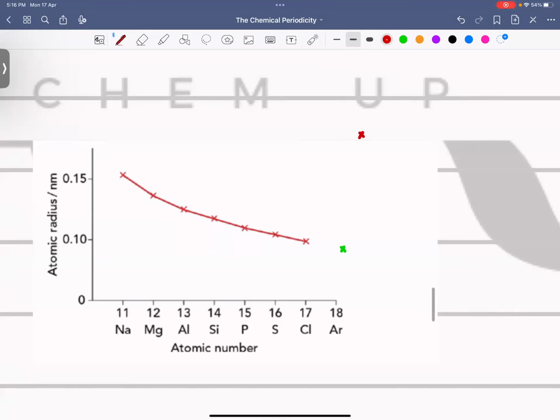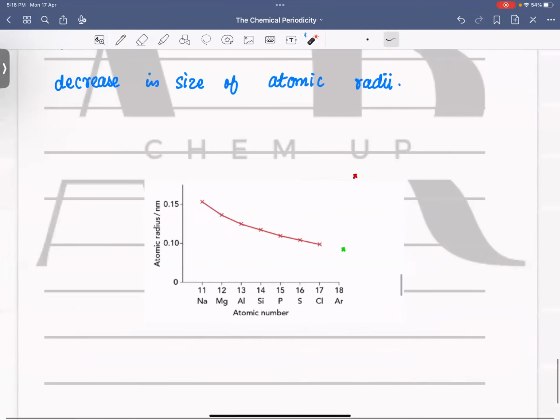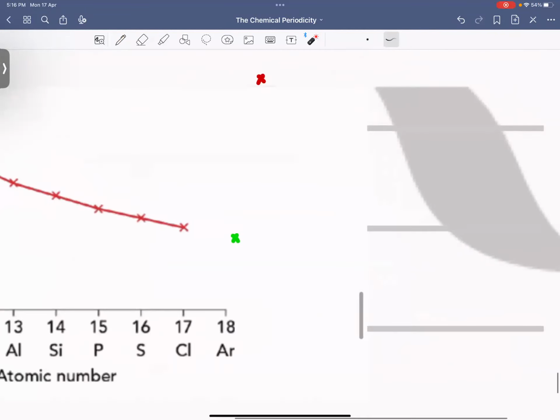Is this point understandable? So normally, if the examiner asks from sodium till chlorine, you have to draw like this, which shows the decreasing trend.